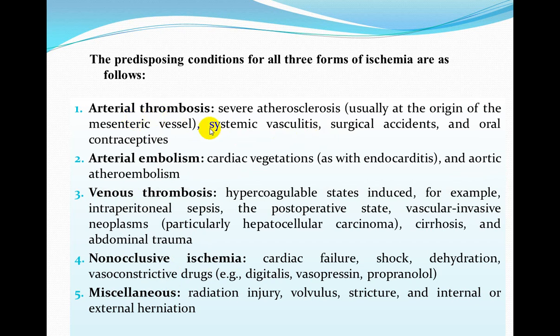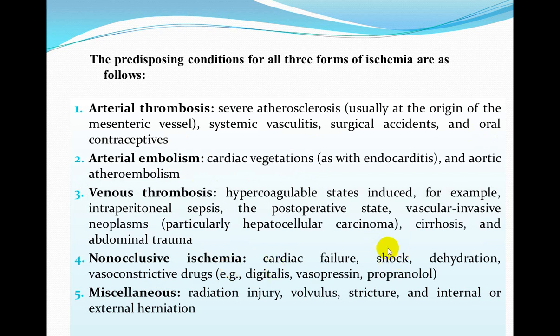For example, arterial thrombosis sometimes results from systemic vasculitis or oral contraceptive usage. Arterial embolism is sometimes a result of dislodgement from cardiac vegetations. Venous thrombosis is due to hypercoagulability and so on. Non-occlusive ischemia occurs mostly in case of shock.